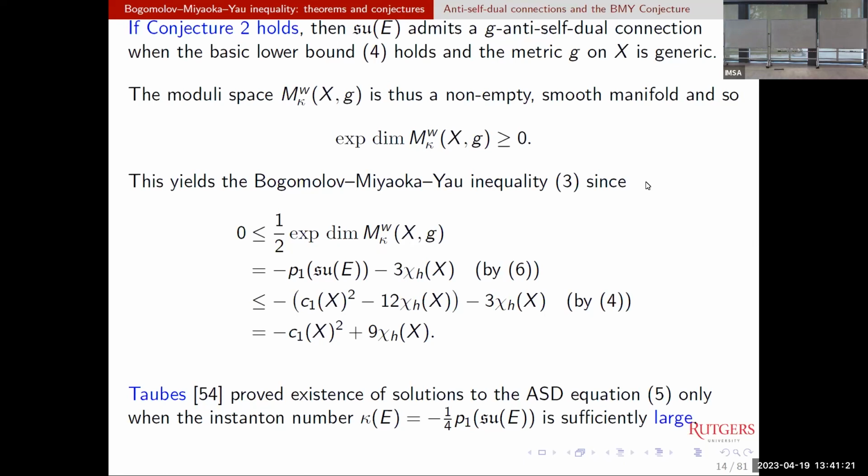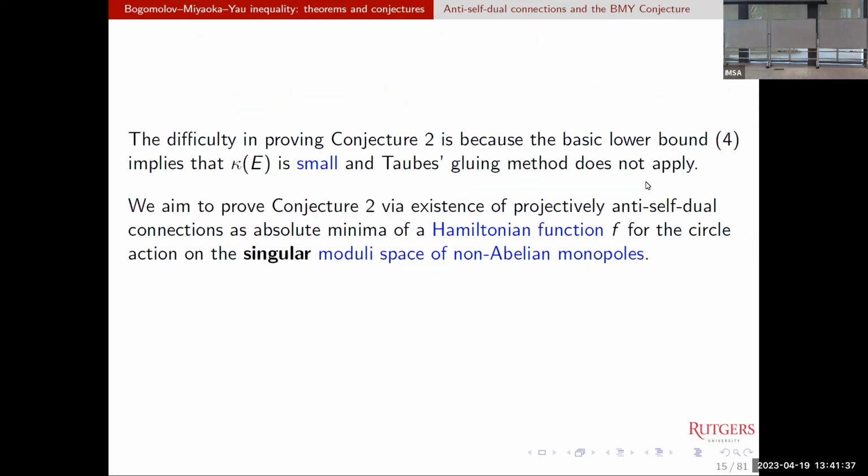You can also know from our experience with the moduli techniques, various models of areas that exist in sort of solutions to the ASD equation may have something to do with this. First of all, the difficulty in proving this is the existence of ASD connections, because you're asking for existence of ASD connections when it's a time numbers, all in the opposite direction.